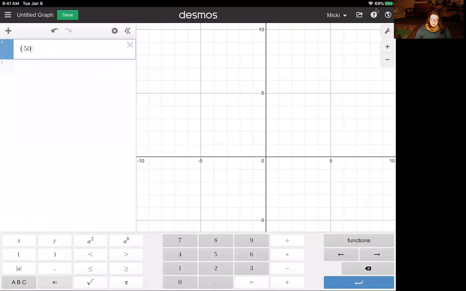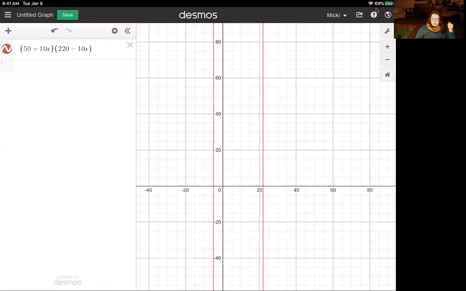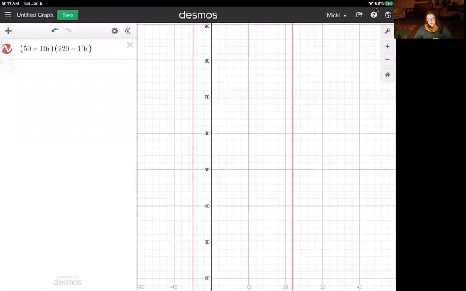What was it? 50 plus 10x. Oops, that's the price, times the number of paintings, which was 220 minus 10x, because every time you increase the price $10, you're going to sell 10 fewer paintings. And then we can zoom in.